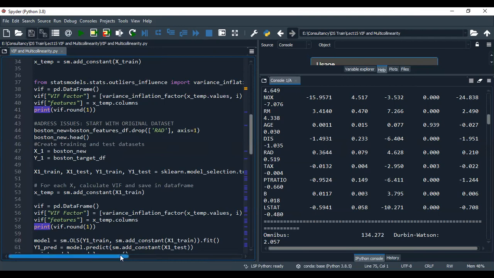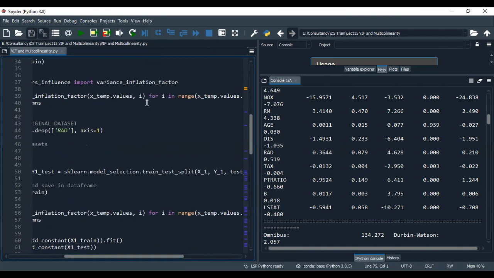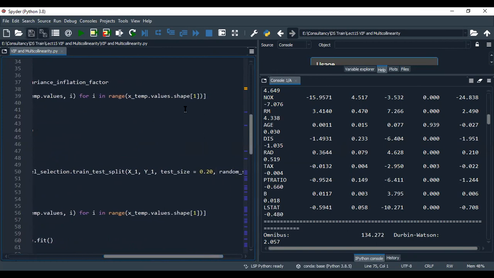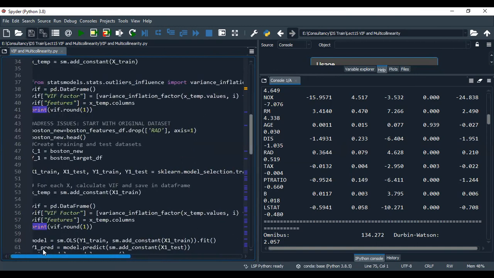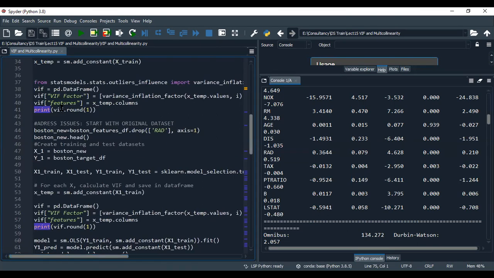And then comma, i for i in range X_temp.values.shape[1], means it will take all the columns and put them one after another to the variance inflation factor, and it will check the VIF value, and it will put the VIF features, means the temporary columns.